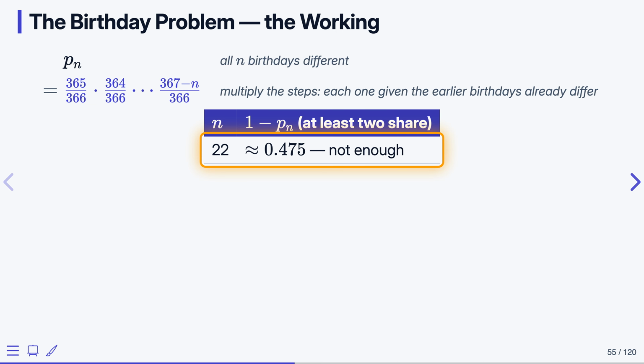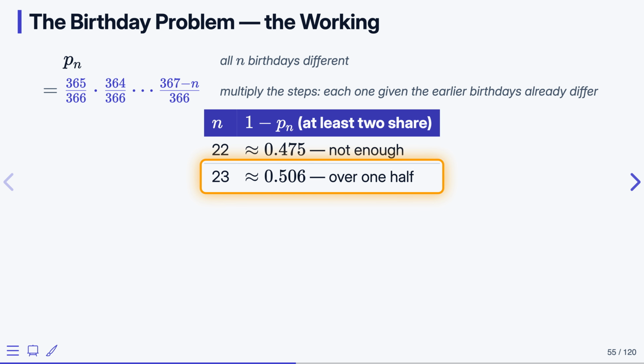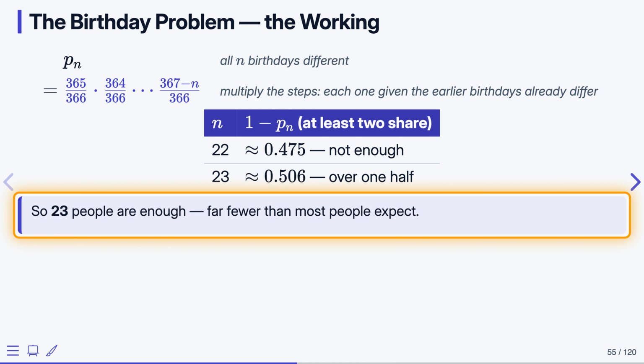The answer we want is 1 minus p sub n with 22 people. It is about 0.475. That is just under 1/2. With 23 people, it is about 0.506. That is over 1/2. So 23 people are enough. Most people guess a much larger number, like 180.